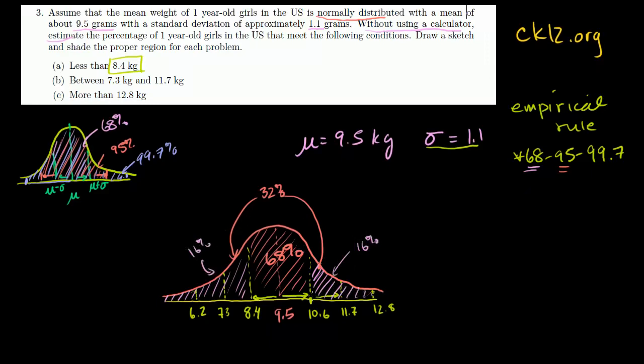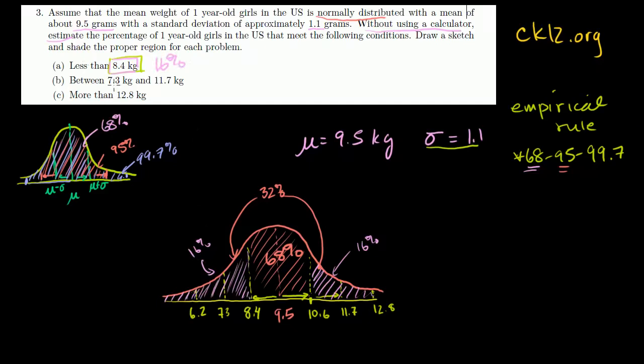So your probability of getting a result more than 1 standard deviation above the mean, this right-hand side, would be 16%, or the probability of having a result less than 1 standard deviation below the mean, that's this right here, 16%. So they want to know the probability of having a baby at 1 year old less than 8.4 kilograms. Less than 8.4 kilograms is this area right here, and that's 16%. So that's 16% for part A.